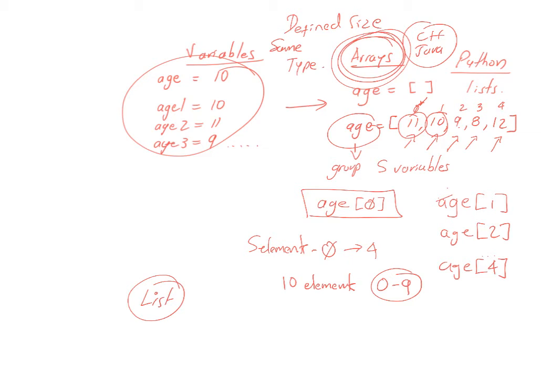So in C++ and Java, you cannot have in the same array, for example, one number, one string, and one boolean.